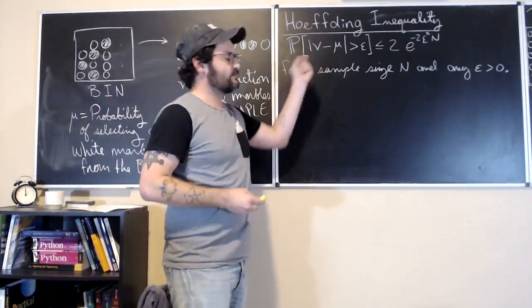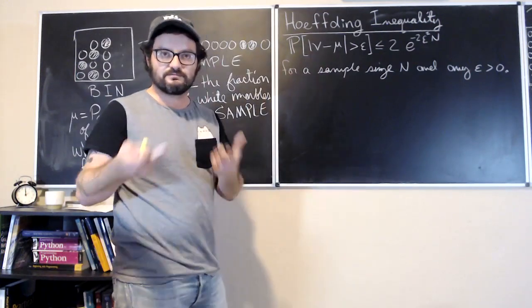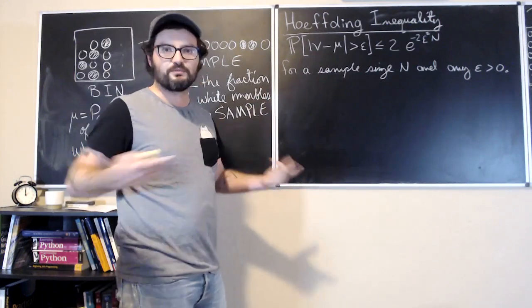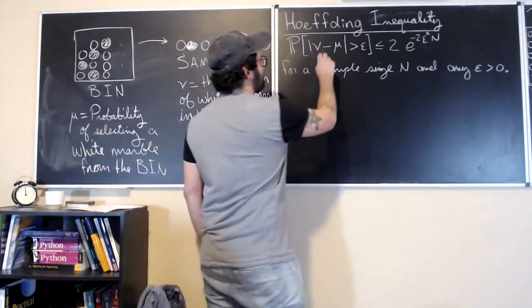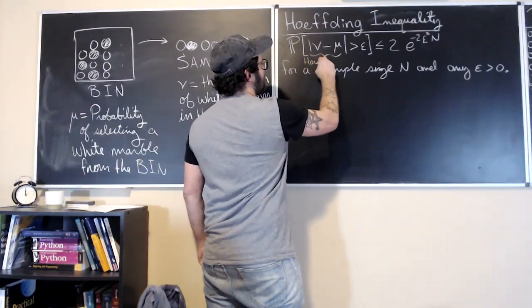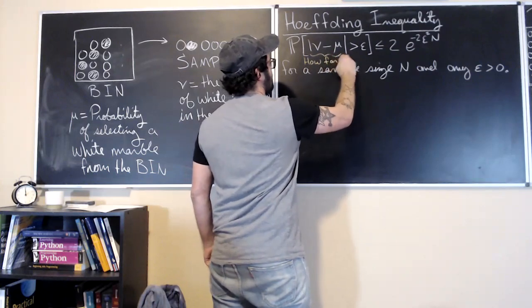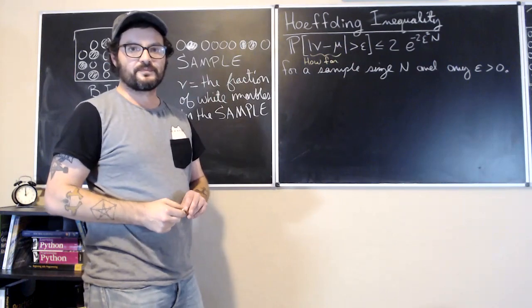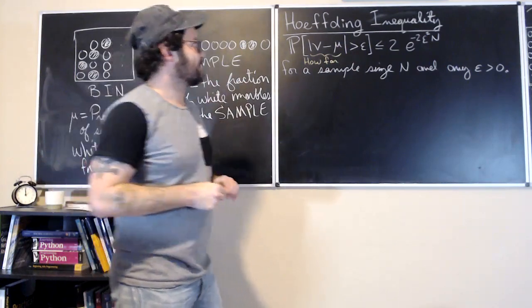So the absolute value of the difference is like the distance between two numbers, right? And mu and nu are just numbers. So this is like how far is nu from mu, right? That's the distance.